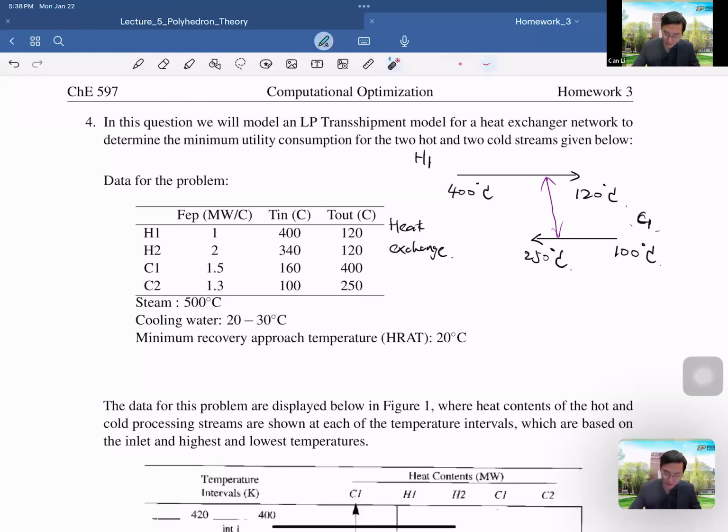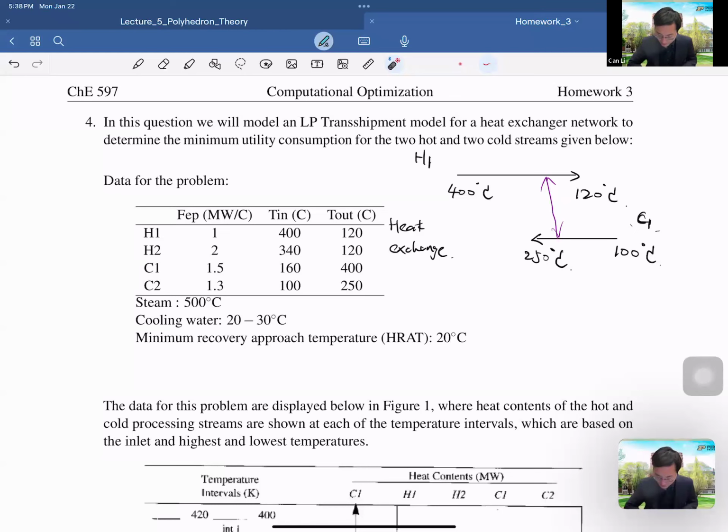For example, in this case, the hot stream H1, since its temperature is higher than the cold stream C1, is hot enough to heat the cold stream 1 from 100 degrees C to 250 degrees C, if you assume you have enough hot stream.